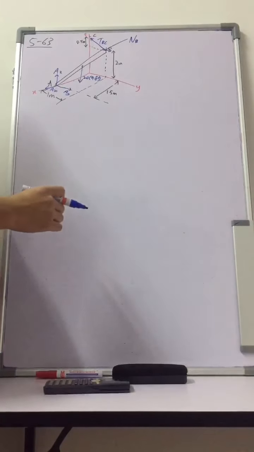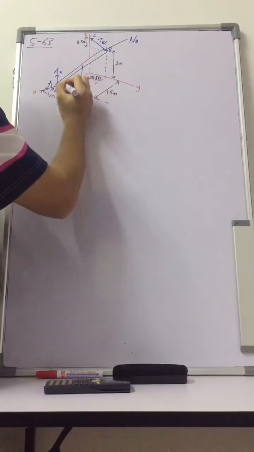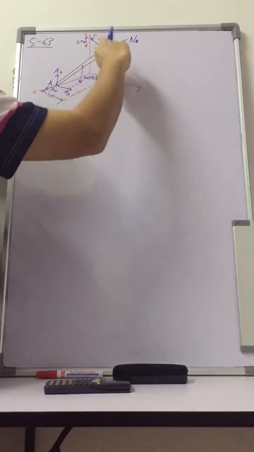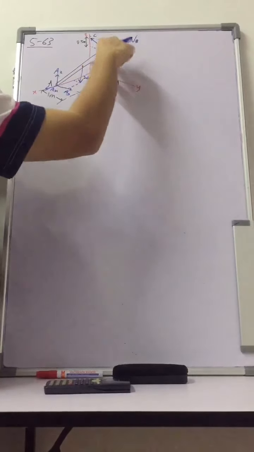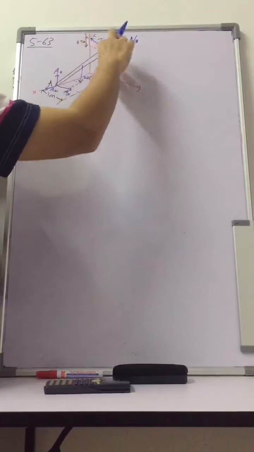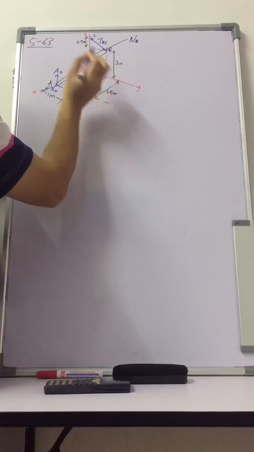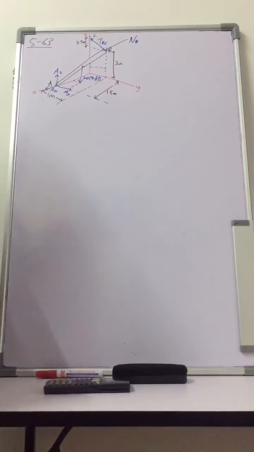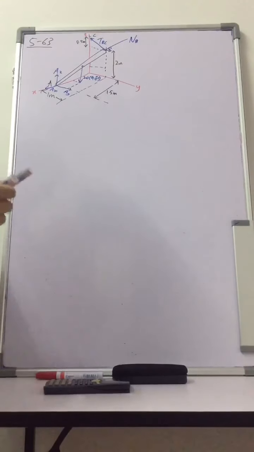Because it's uniform, it will be in the middle. So it will be half of this, and half of this one, and half of this height, because the total height is 2 meters, so it will be half of that, 1 meter, right? So this is the full free body diagram.